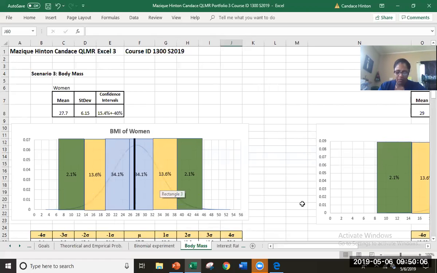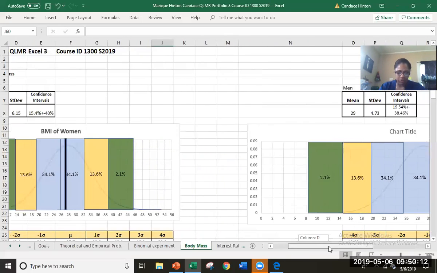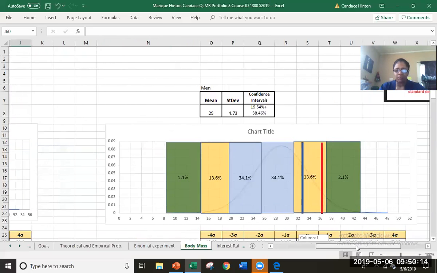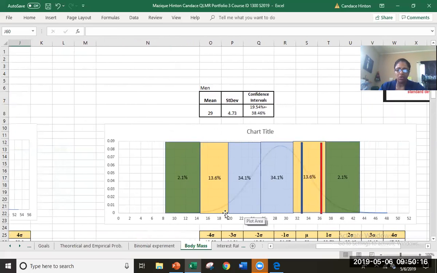Okay? And for the men, it states that we are confident that the mean lies between 19.54% and 38.46%. So again, here we are. 13.6% of people in the U.S. are from here to 38.4% here. Okay.